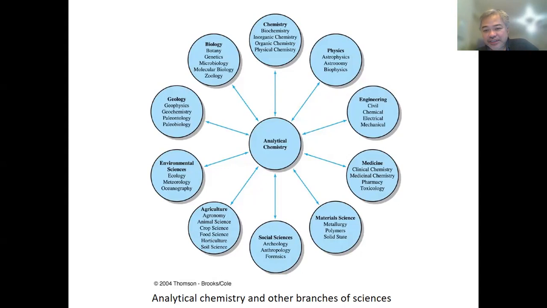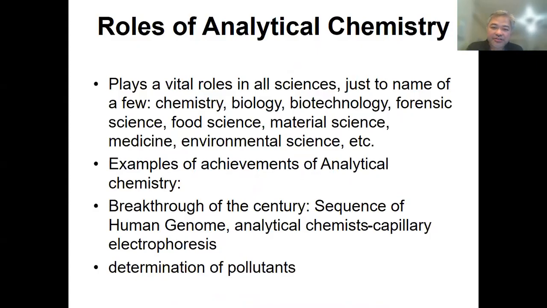You have analytical chemistry there. In medicine, you want to look at the result, the blood test, the urinalysis. That is classic analytical chemistry. So if you're going to look at the roles of analytical chemistry, it plays a lot of roles. Some of them vital roles.